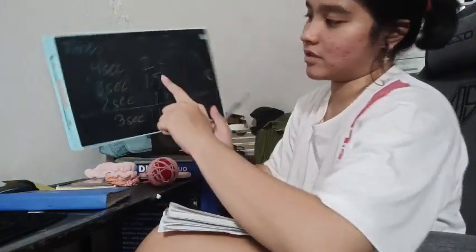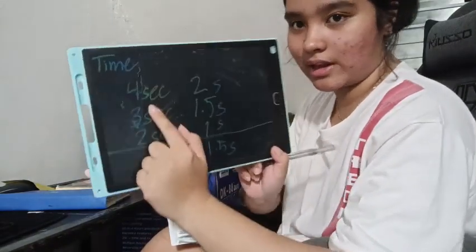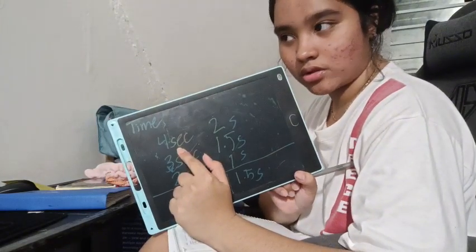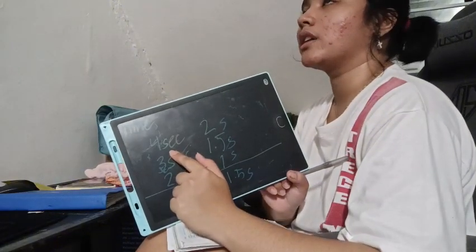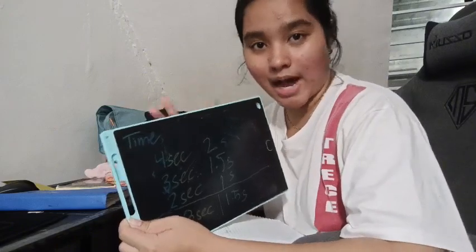So that is the time we're going to use, instead of this, because this would indicate the entire throw. Using this would mean we're calculating the distance of everything, but we're looking for the maximum height.